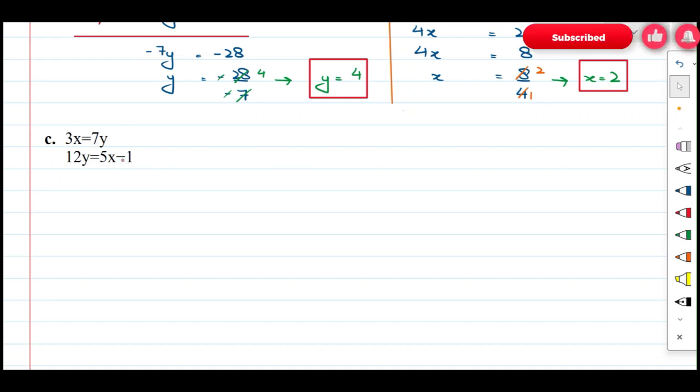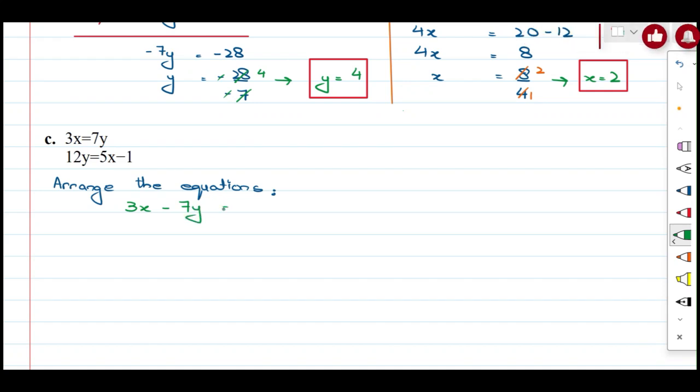We need to solve this system by method of elimination, right? So by method of elimination, first let me arrange the equations. When I arrange the first equation, I have 3x minus 7y is equal to 0.